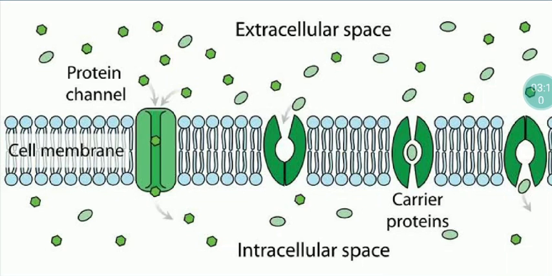See the first one, it is a channel which allows the substances to flow through it. This happens along the concentration gradient. Simple diffusion through the plasma membrane does not take the help of any protein. If the diffusion takes place with the help of a protein, we call this kind of diffusion facilitated diffusion.